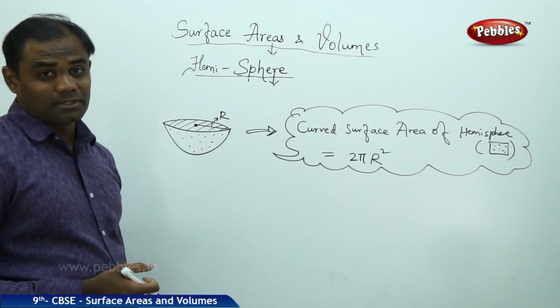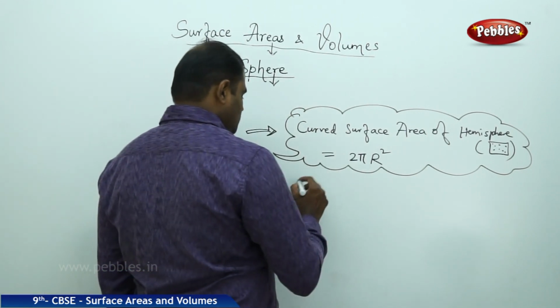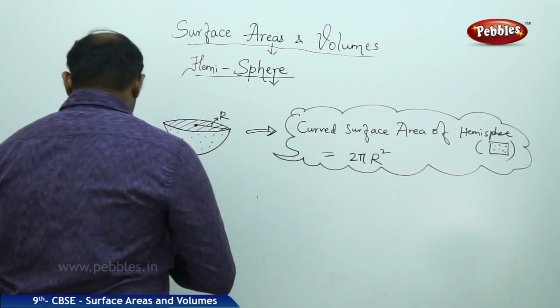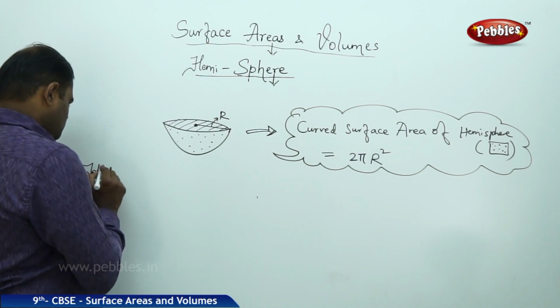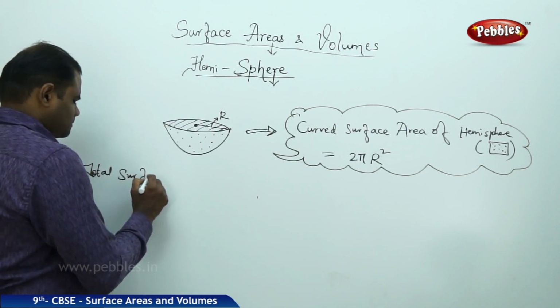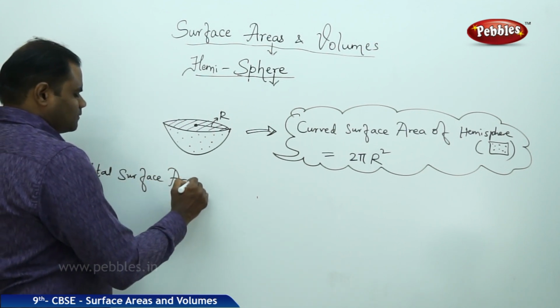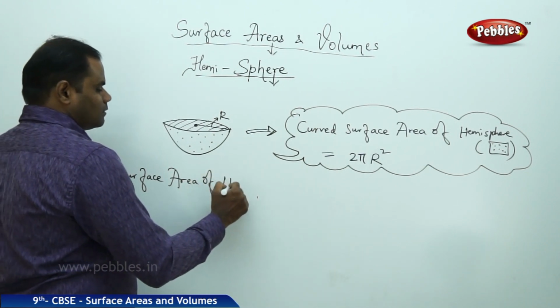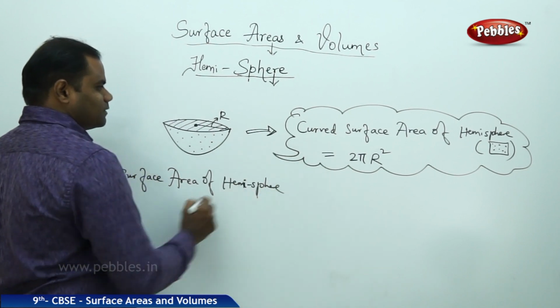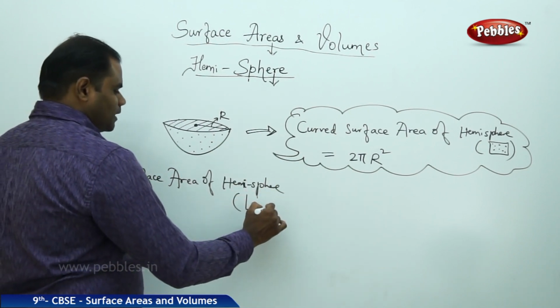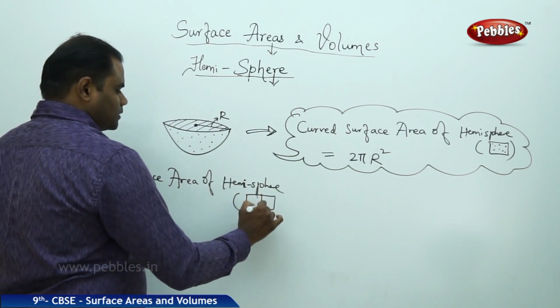Let's see the total surface area. Next comes the total surface area of the hemisphere, as given by the two regions.